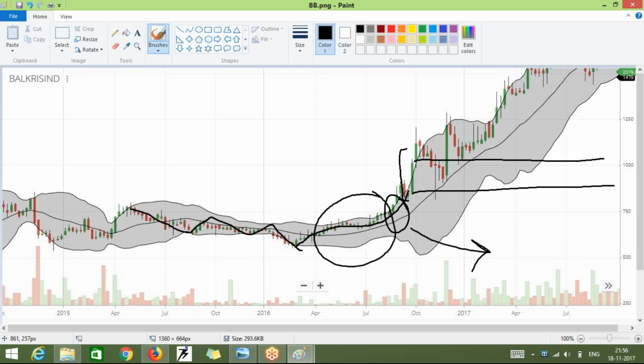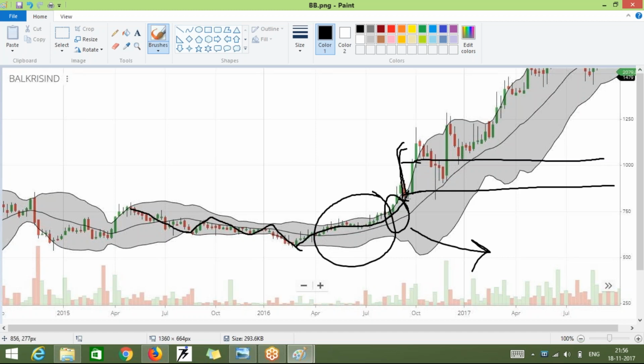So this is exactly the entering position. Again, I'm saying it cannot be entered by every trader at this level, but if at all you entered at this level, as this is a monthly chart, it is showing like this.